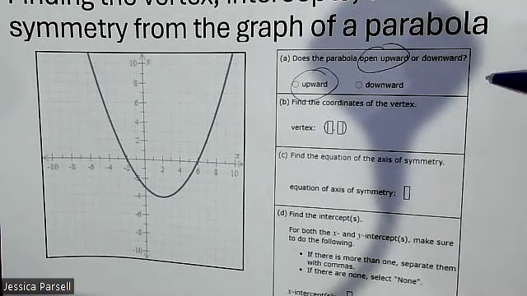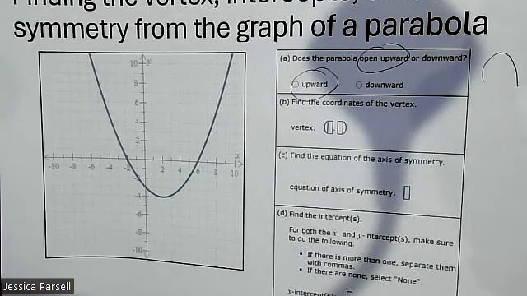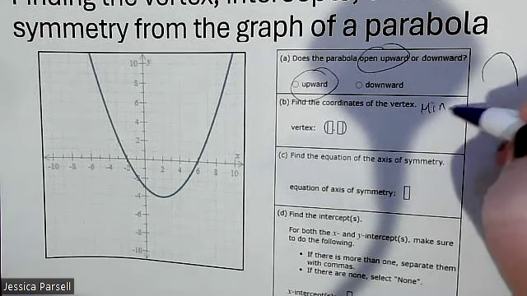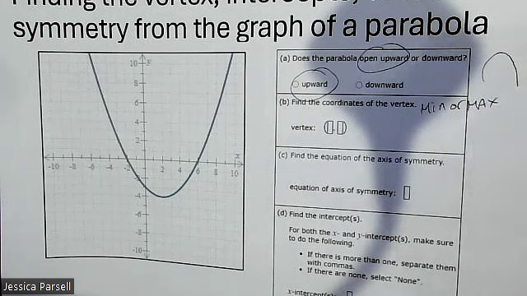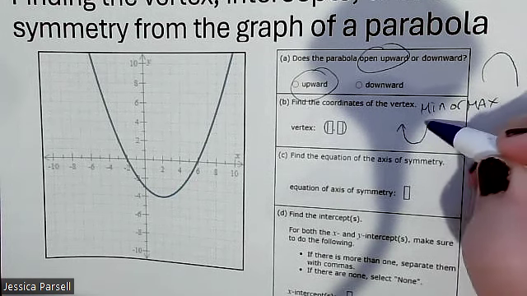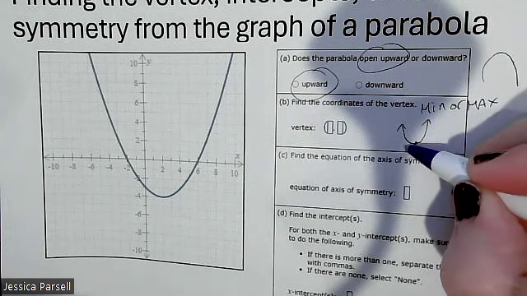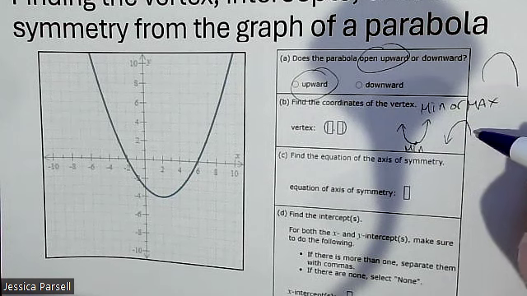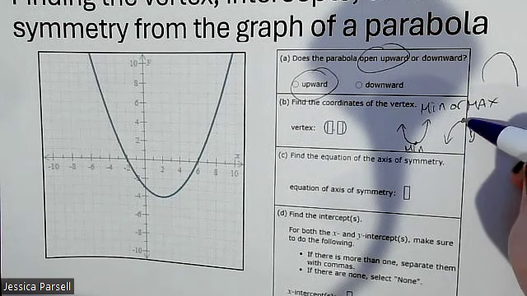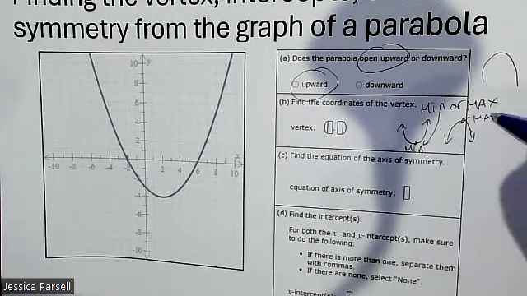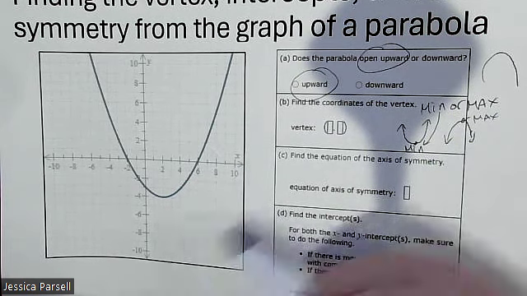If it looked like this, then it'd be facing downward. Where is the vertex? The vertex is either going to be the minimum or the maximum. If your parabola faces up, you're going to have a minimum vertex. If your parabola faces down, you're going to have a maximum vertex. This one faces up.